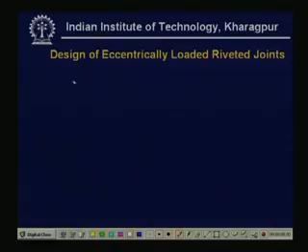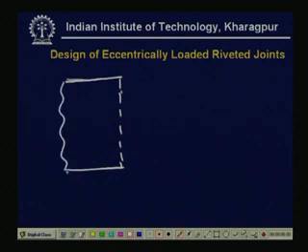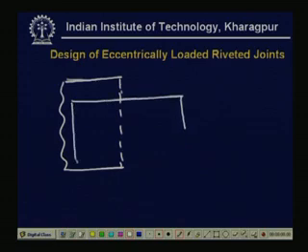Now, let us consider a riveted joint. Let us take, this is the structure, and we have a riveted joint. So, let us take, this is the joint, and then there are a few rivets.